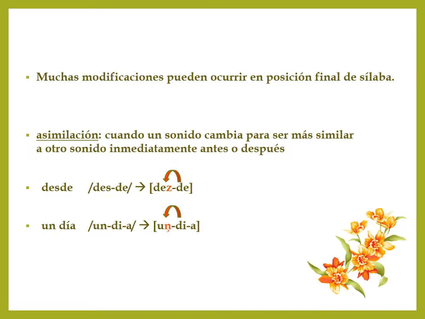Since this D is dental, then it turns the preceding N sound into this symbol, which is N with a little tail underneath it. We're going to talk about all the kinds of things that can happen to the phoneme N later on in the presentation. But these are two examples of asimilación. Cuando un sonido cambia para ser más similar a otro sonido inmediatamente antes o después.